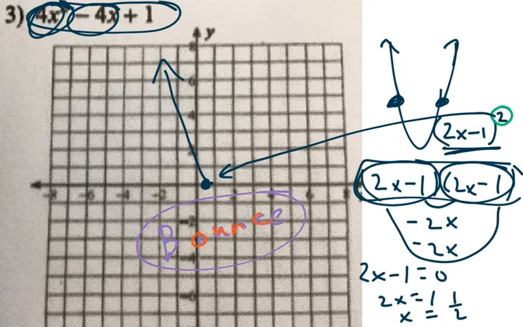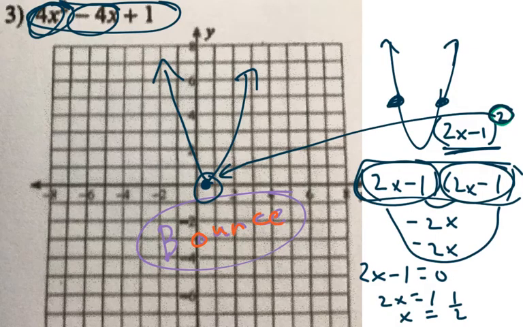It's going to bounce at that value 1/2 or 0.5. So this is our graph. It's basically going to be the vertex. It's just going to touch there. Okay? How do I know that again? Because of this even power. That's what even powers always do. They bounce at that critical point.